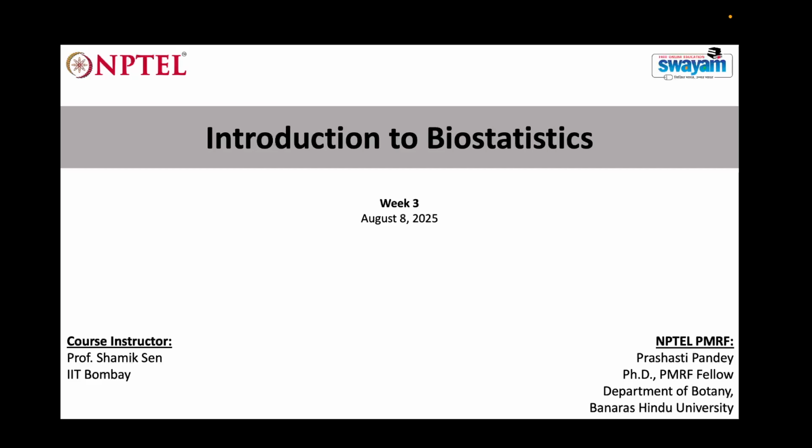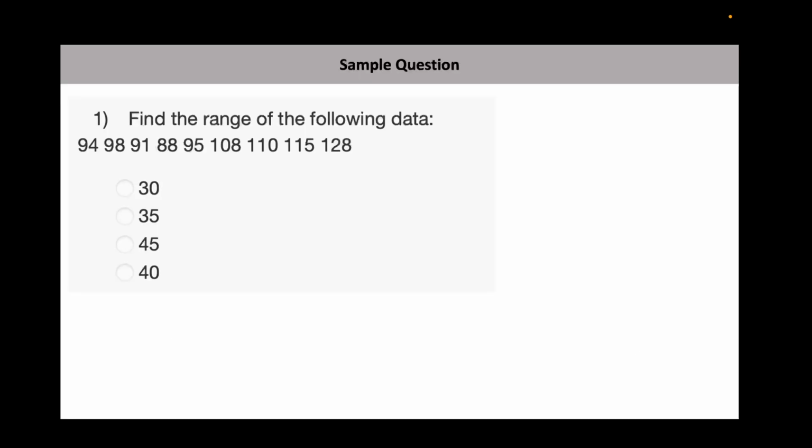So let's go ahead and we will have one question one by one. And if you know the answer, I'll give you 2 to 3 minutes of time. You can either speak up or write in the chat box. Otherwise, I'll go ahead with telling the answer. So here is our first question. It's an easy one. Find the range of the following data, and the data set is given. So I'll give you 2-3 minutes.